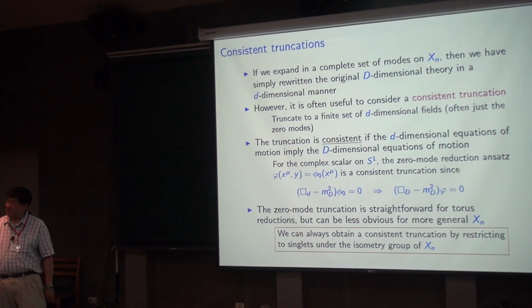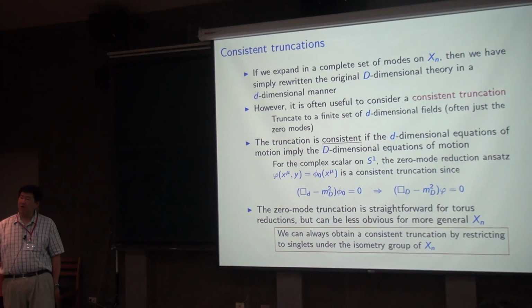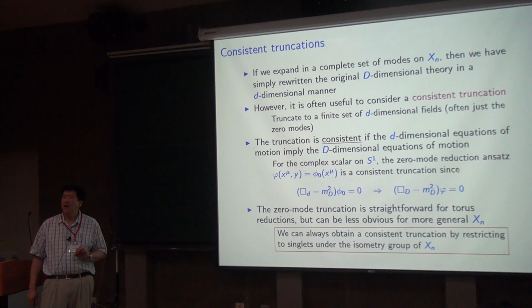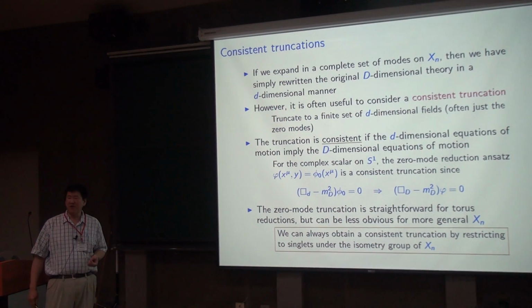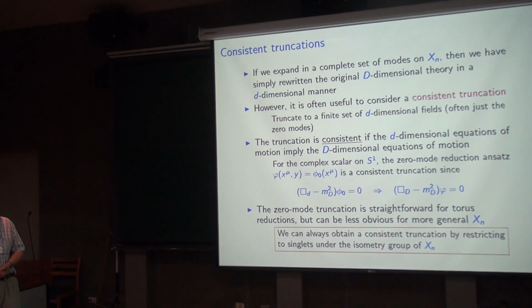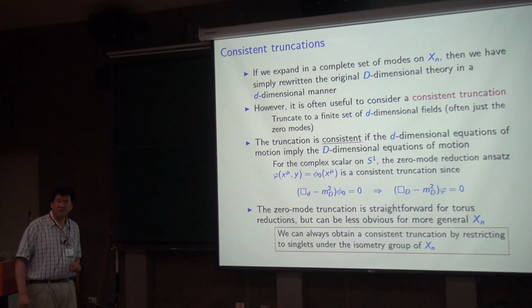Now, one way to get a consistent truncation is this charge conservation idea. If I go to a charge neutral sector, all my interactions between charge neutral particles sort of form a subgroup by themselves. They cannot provide sources for any charged states. So I can always get a consistent truncation by restricting to charge zero particles.